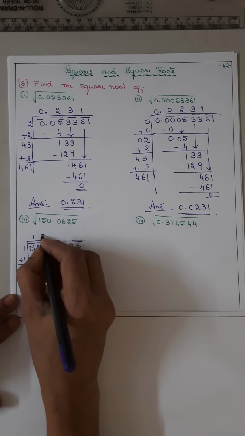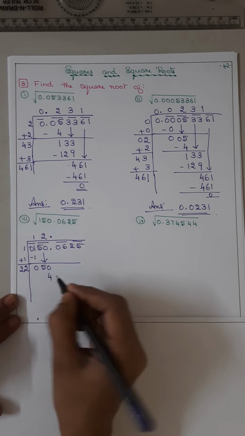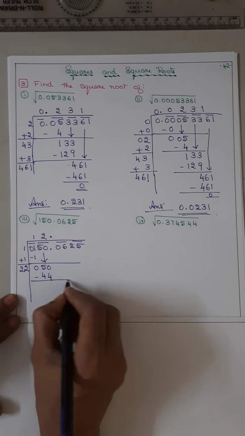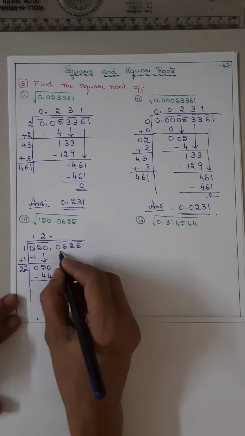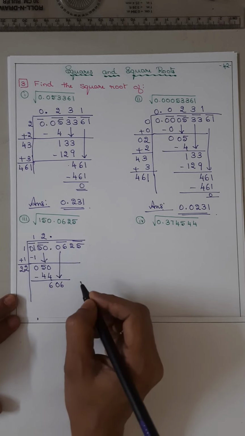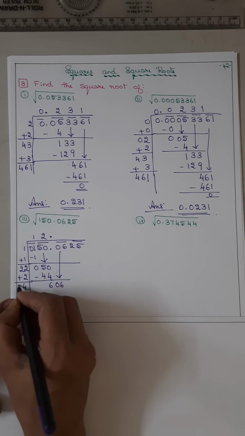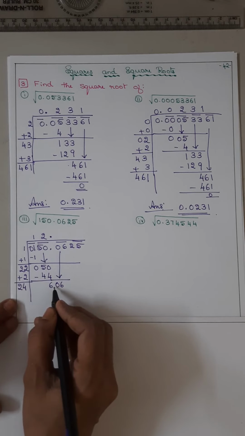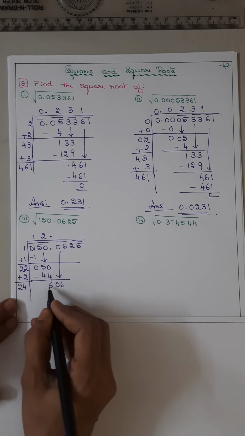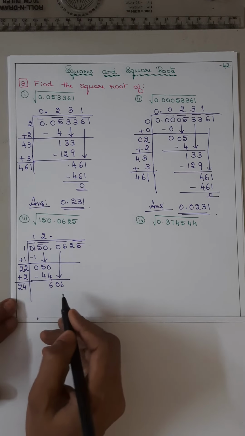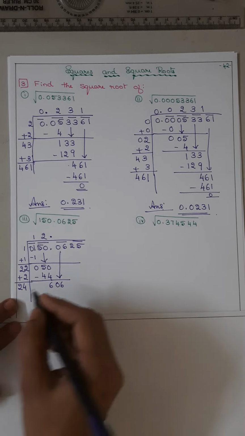So put 2 and immediately the decimal point. 10 minus 4, 6. 4 minus 4, 0. Now bring 06 down. Now add 2, 2 plus 2, 4. This is 2. 2 3s are 6. If we put 3, 3 3s are 9, 3 4s are 12, 3 2s are 6, 7. It will be big. So put 2.